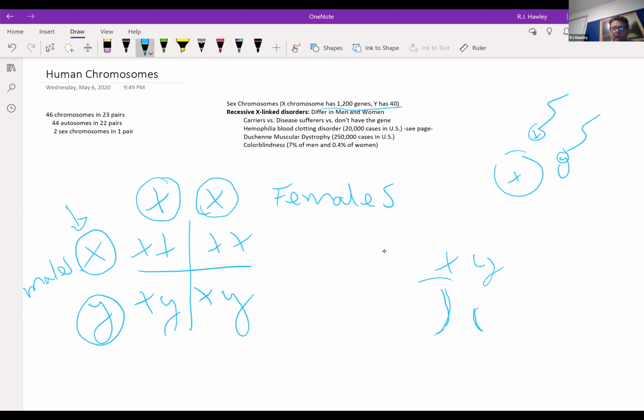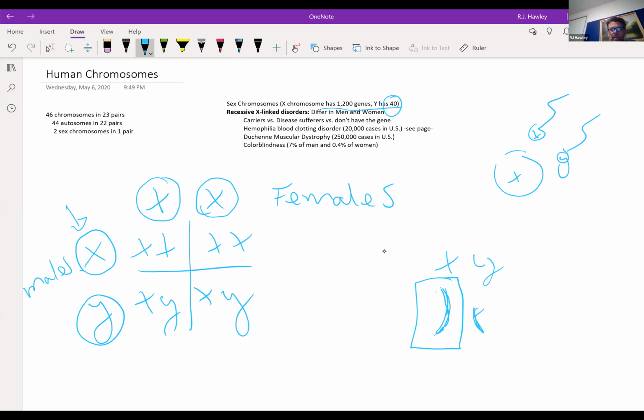So you can't have a living human being without the X chromosome. But obviously more than 50% of people on the planet don't have a Y chromosome, right? It has 40 genes versus 1,200. That is not very many genes.